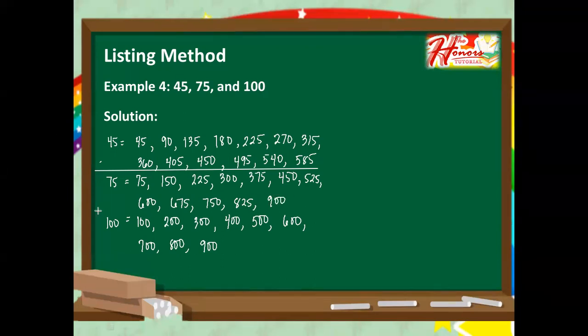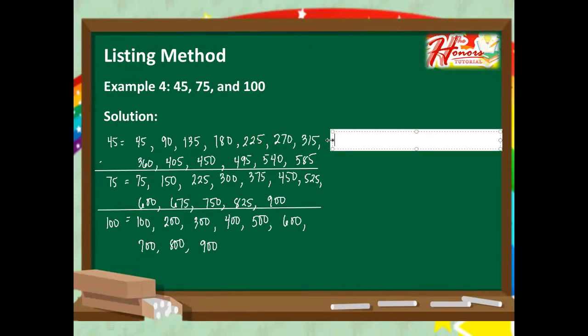So let's continue solving for 45. So we have here 585. Let's continue. 1, 2, 3, 4, 5, 6, 7, 8, 9, 10, 11, 12, 13, 14.